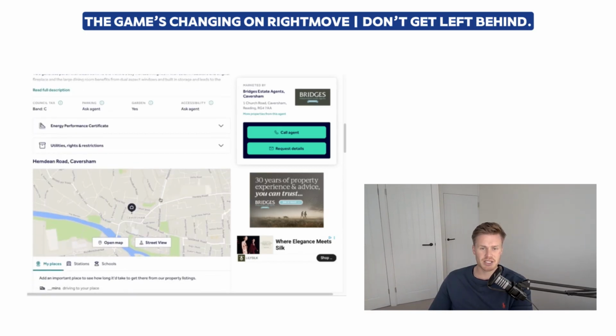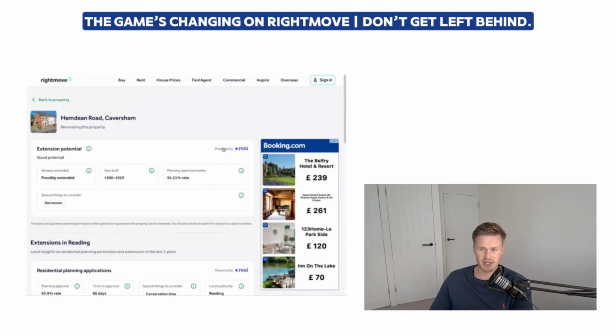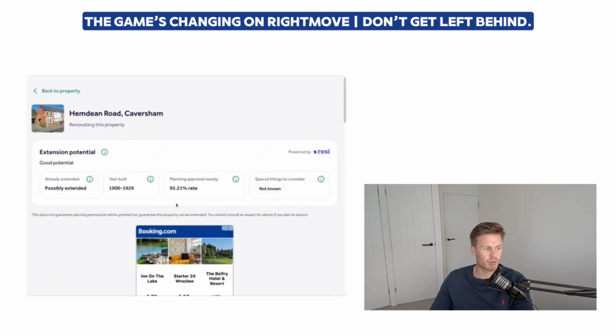But where this is actually really useful is it takes in local data, which is powered by Resi, and can actually show you the approval rate nearby, which is really good information. So here you've got basically a quick ready reckoner, whether it's got potential to extend. It also tells you the year that the property was built and the success rate of planning applications within that area. It also factors in some local potential restrictions like area of outstanding natural beauty, which tends to be quite a large restriction in this location.